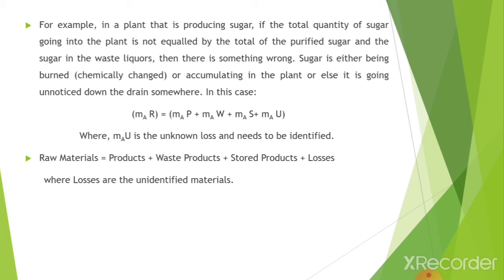Therefore, the overall mass balance equation can be written as: raw material is equal to products plus waste products plus stored products plus losses, where losses are the unidentified materials.